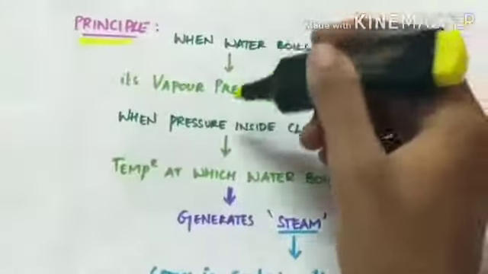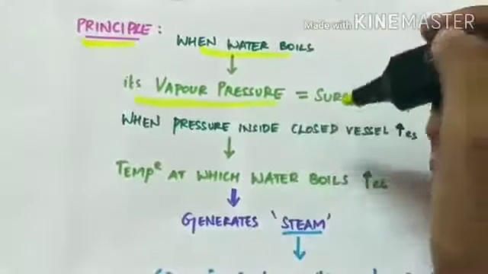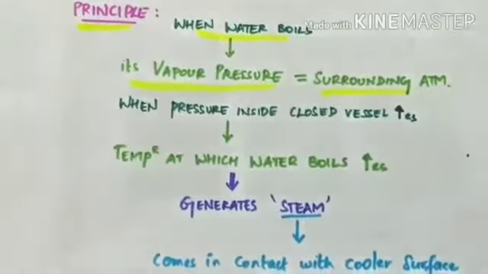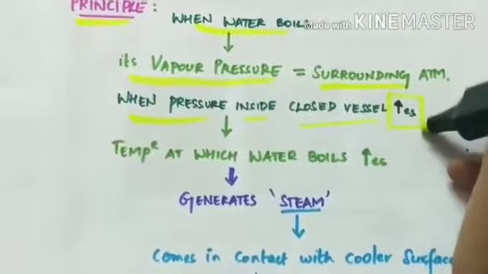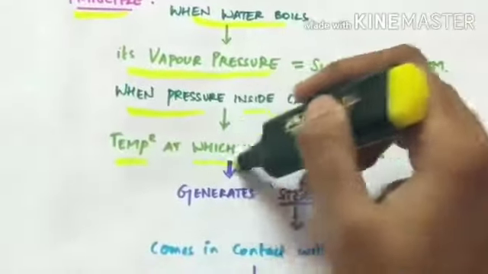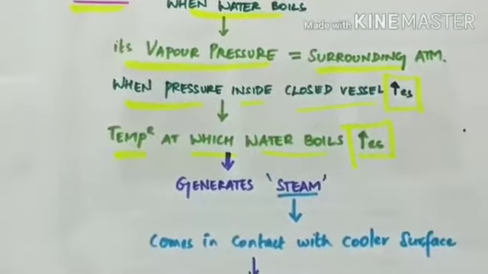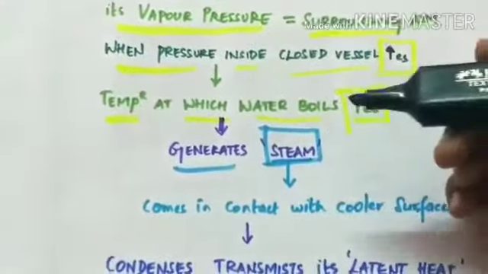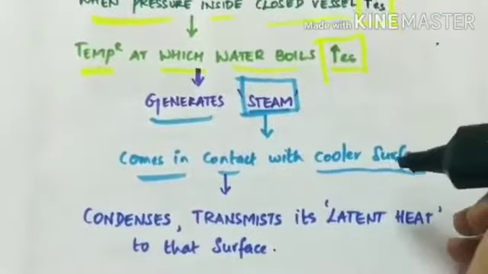Principle of autoclave. When the water boils, its vapor pressure is equal to that of surrounding atmospheric pressure. When the pressure inside the closed vessel increases, the temperature at which water boils also increases. This generates steam, and the steam comes in contact with the cooler surface.